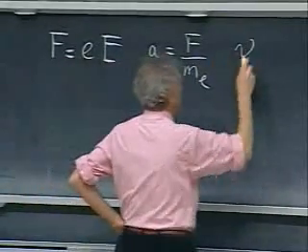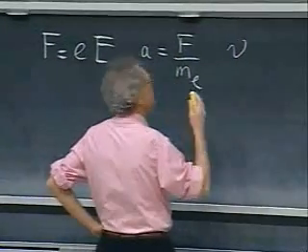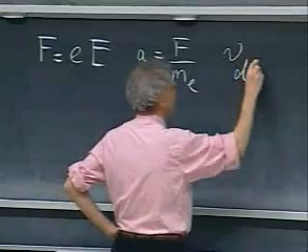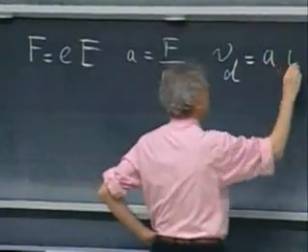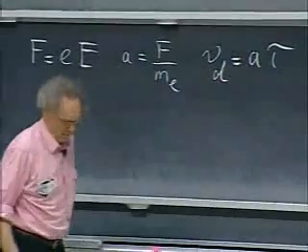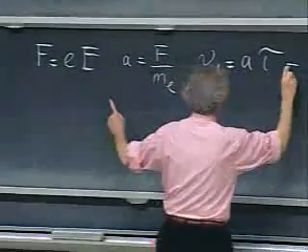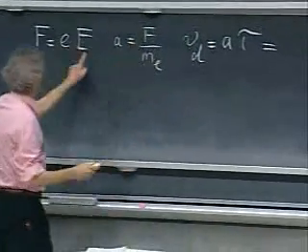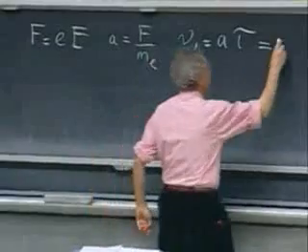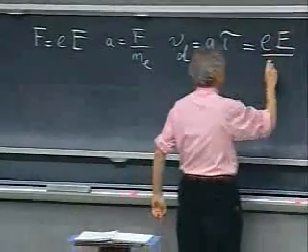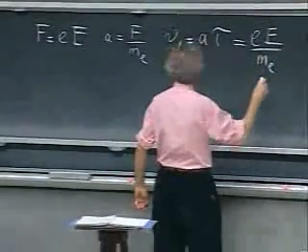And so they will pick up a speed between these collisions, which we call the drift velocity, which is a times tau. And so a equals F divided by m_e. F is eE, so we get e times E divided by the mass of the electron times tau.